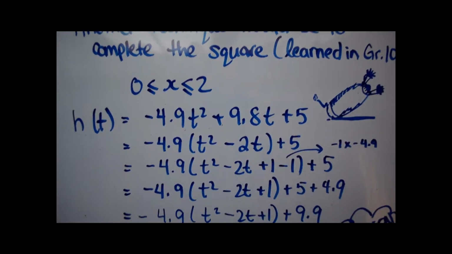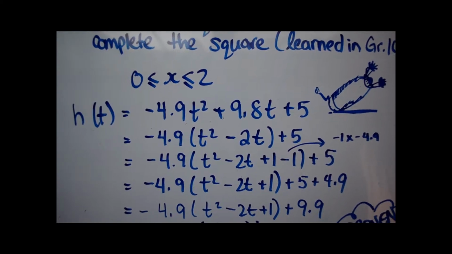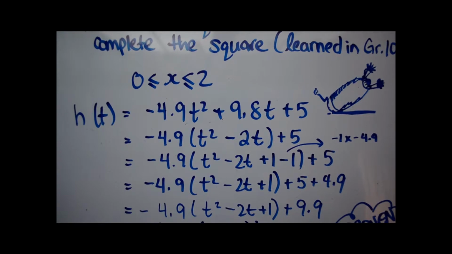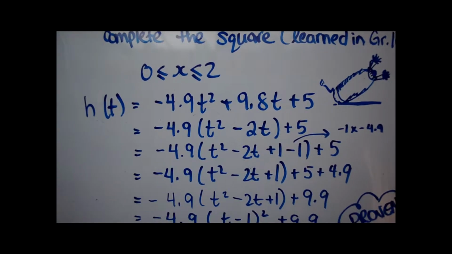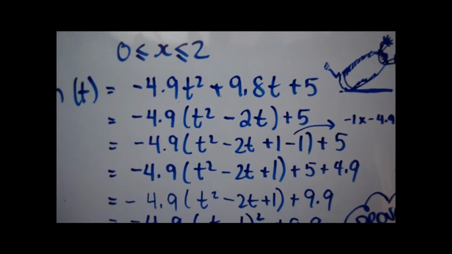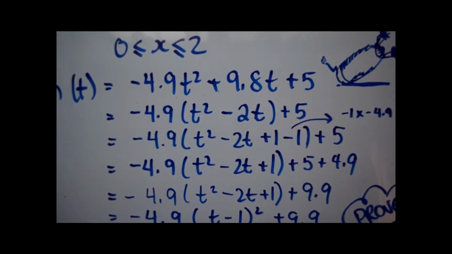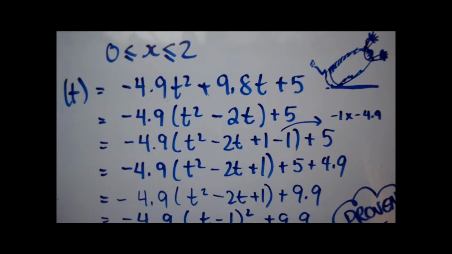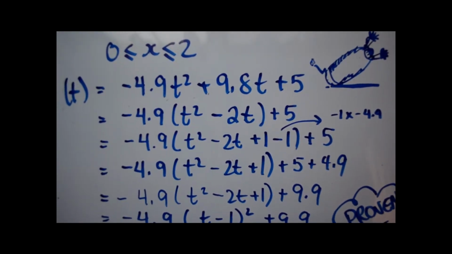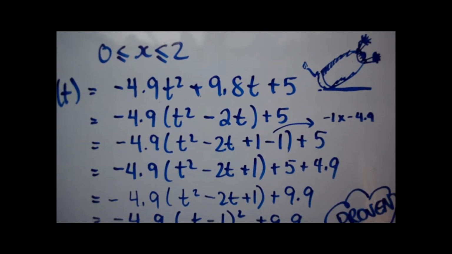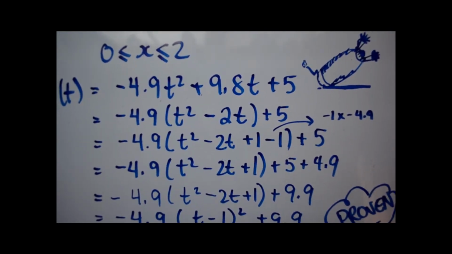Then, to complete the square, you factor out a negative 4.9, so you get negative 4.9 bracket t squared minus 2t bracket plus 5. Then, to balance out the equation, you add 1 minus 1, so you get negative 4.9 bracket t squared minus 2t plus 1 minus 1 bracket plus 5. Then, you drag out the negative 1, but you have to remember to multiply it by the negative 4.9.